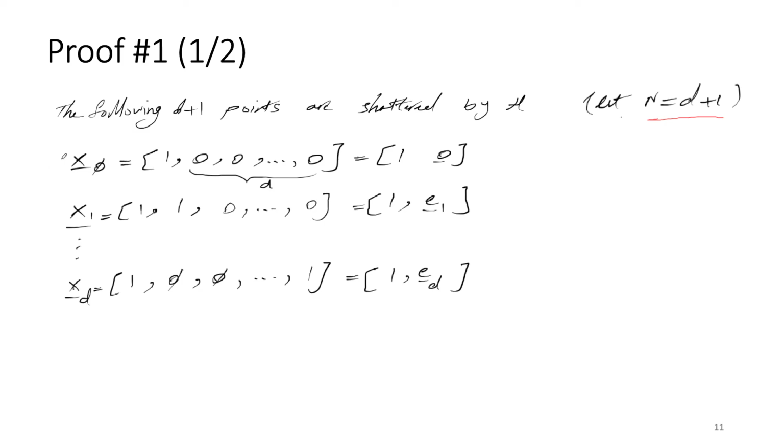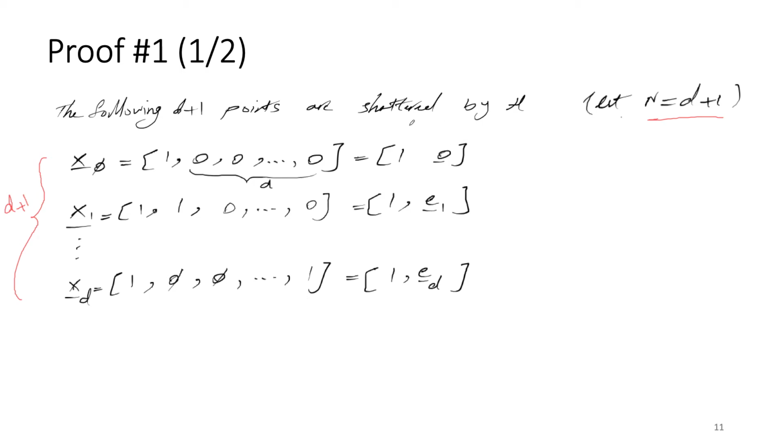Starting from index 0, these are d plus 1 points: you have x0 as 1 followed by zeros, then 1, 1 followed by zeros, up to the end of the vector, and the last line for xd is 1, 0, 0, 0, 0 up to 1.